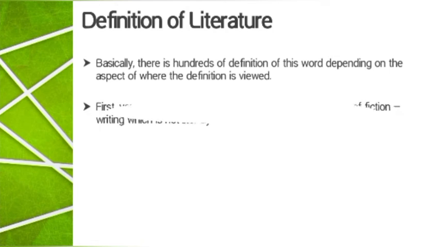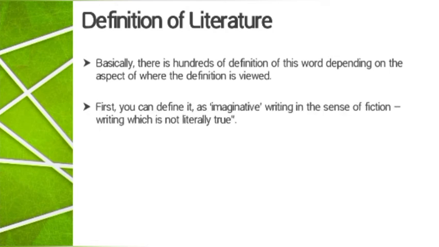So the first, let's see what is the definition of literature. Basically, there are 100 definitions of literature depending on the aspect from which the definition is viewed. Ada banyak makna dari literature sendiri tergantung dari aspek mana yang bisa dilihat.